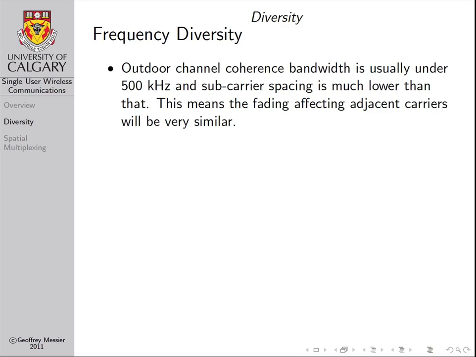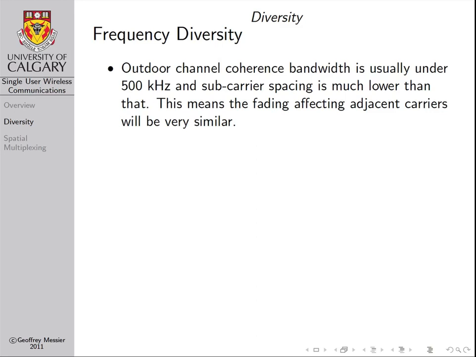And so what that means is basically all of the frequencies that are within a 500 kilohertz bandwidth experience approximately the same fading value. The problem is that subcarrier spacing is much, much lower than that. And so that means that the fading experienced by adjacent carriers in the frequency domain is going to be very similar.